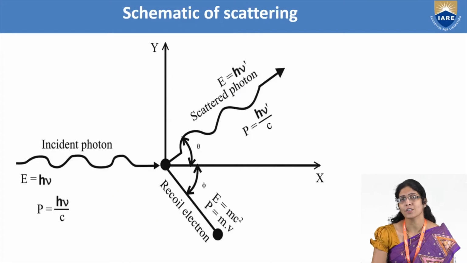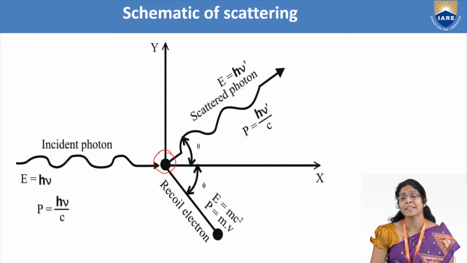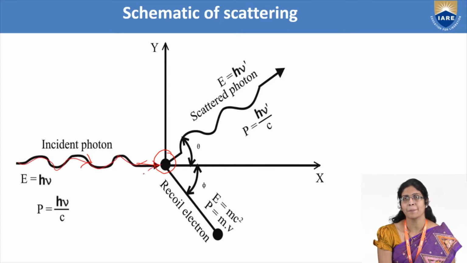Looking into the insight of what exactly is happening, take an electron, as if you are studying the properties of the material consisting of this electron, and allow a photon to be incident onto it. So this is the photon, impinged onto this particular electron.